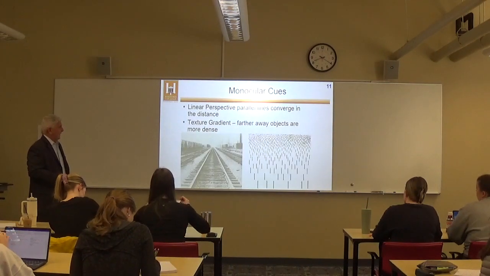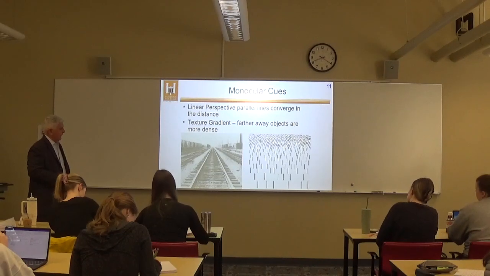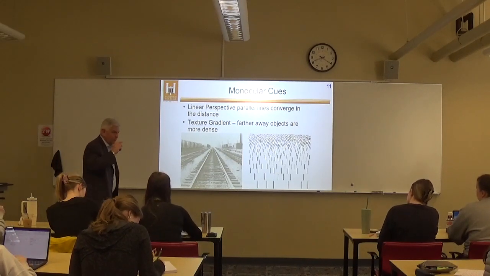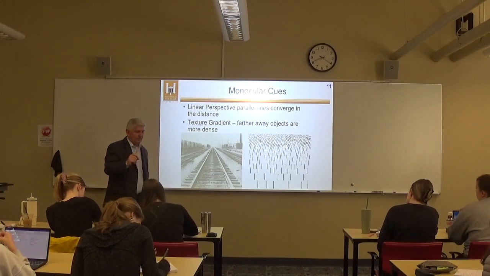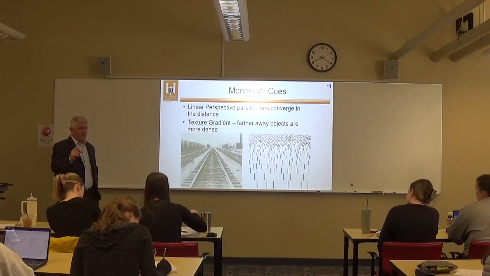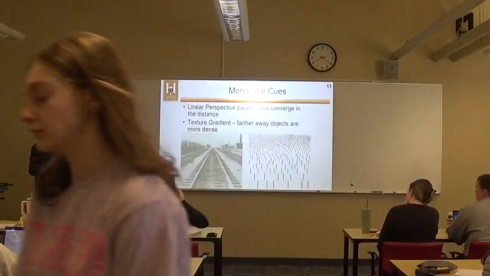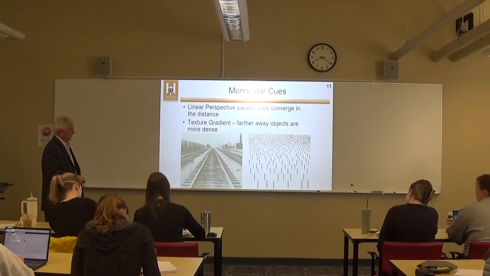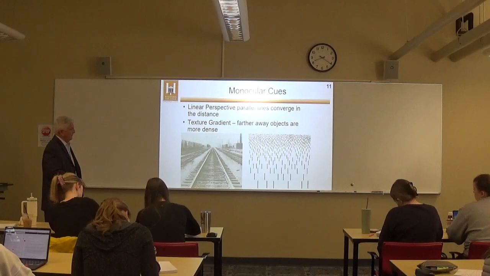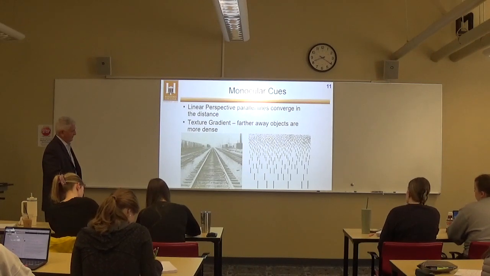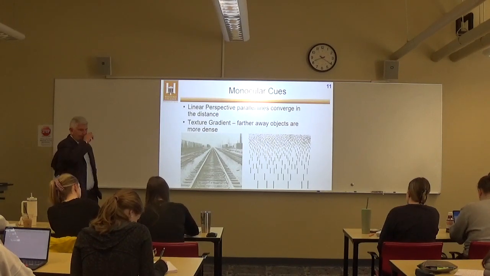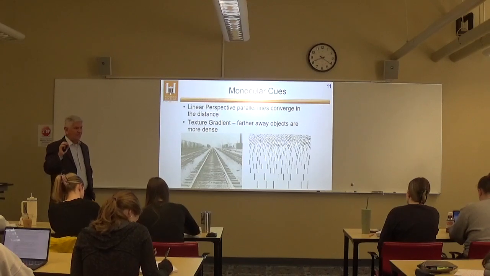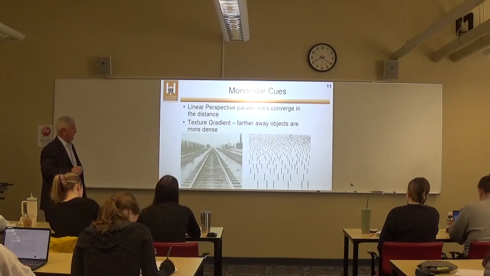Okay. Again, here's 2 other examples. On the review points, I put to figure out the Ponzo illusion on your own. It's in the textbook, but it has to do with converging lines with linear perspective. Right? We also here see texture gradient. You can see the railroad ties here, but as it gets further away, the railroad ties become blurred until we lose that. They become denser and we lose that ability to see.